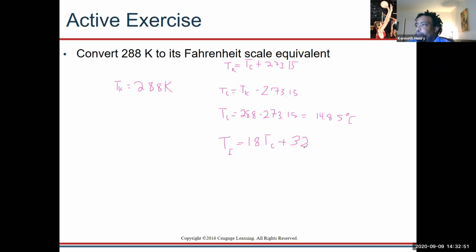So I plug that into my equation. TF is equal to 1.8 times 14.85 plus 32.